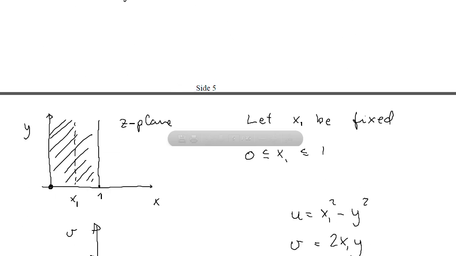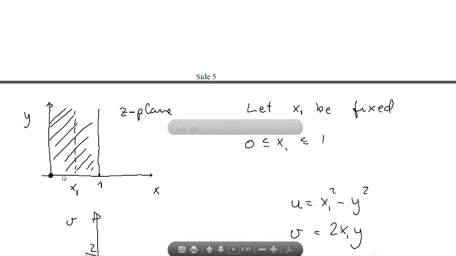So what does this mean? Well, it means this box, which is infinite in some sense. That's all points in the domain of definition.